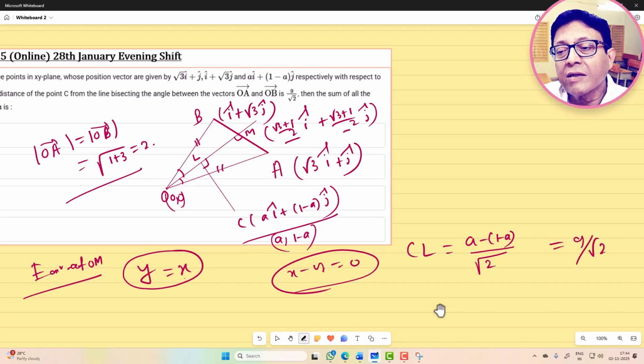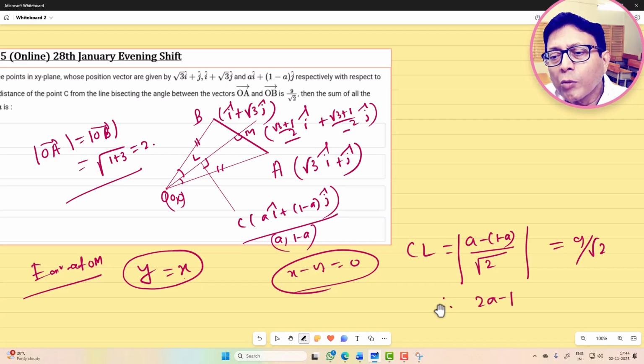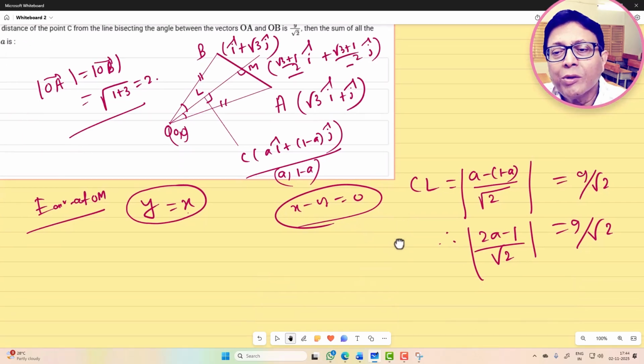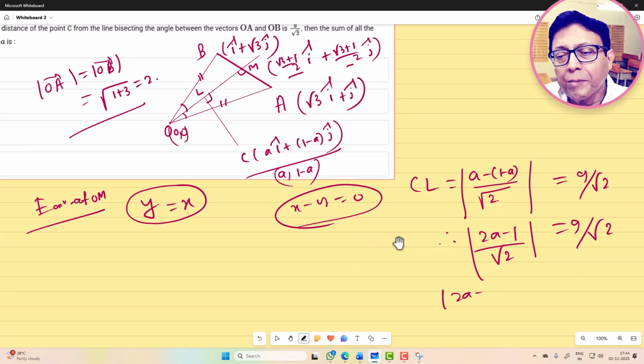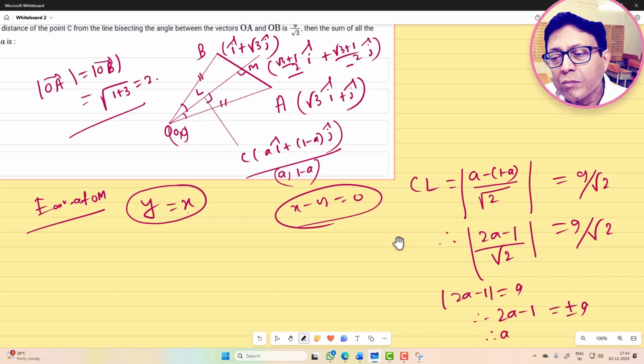Square root is there, which came from the measurement of a length. So mod sign you put. Okay. Hope you don't have any problem. This is 9 by root 2. So 2a minus 1 equal to plus minus 9.